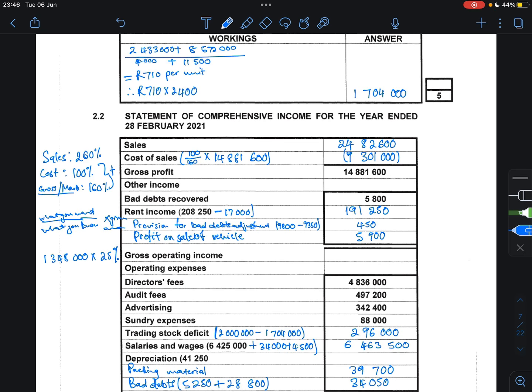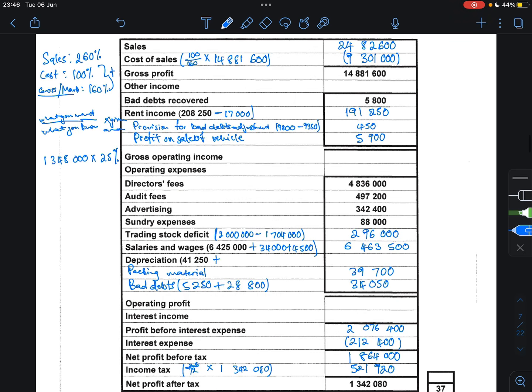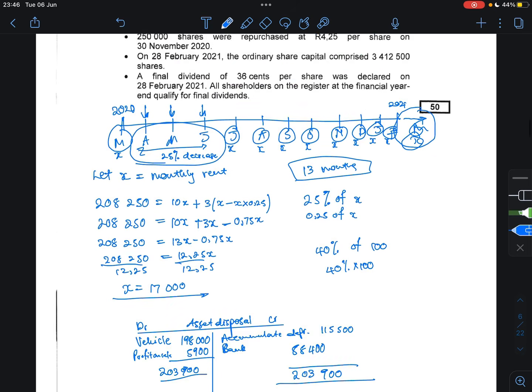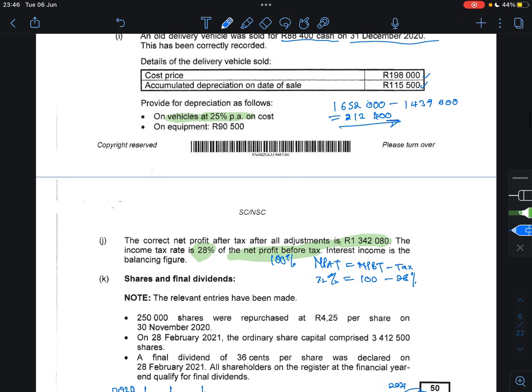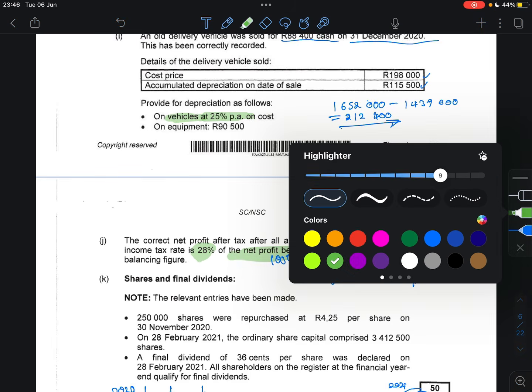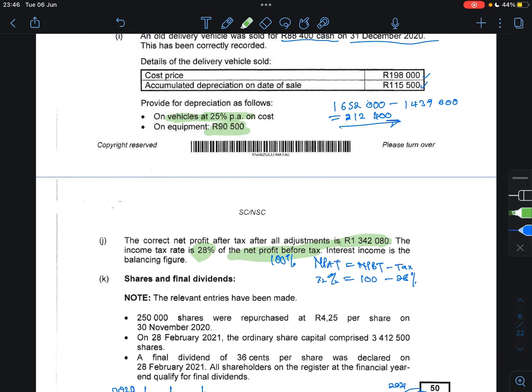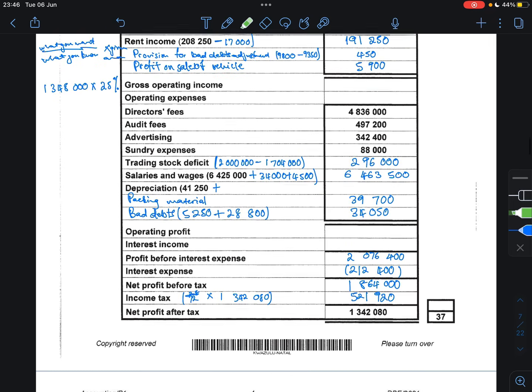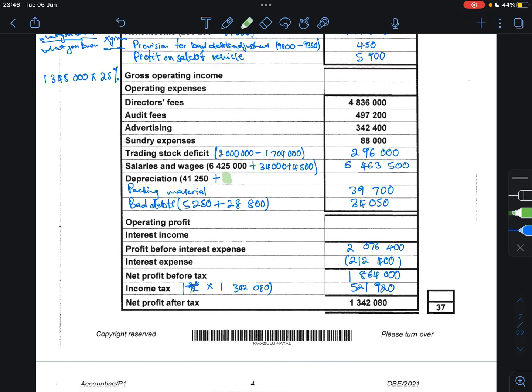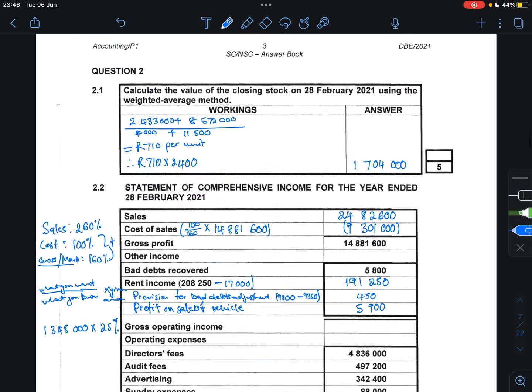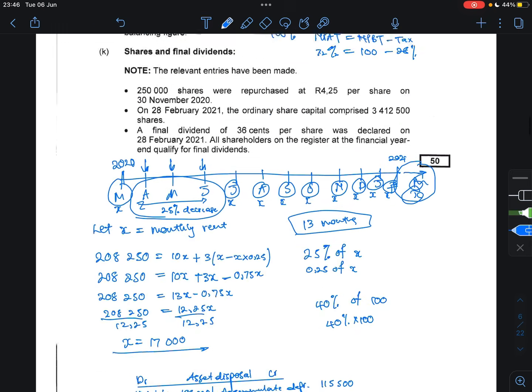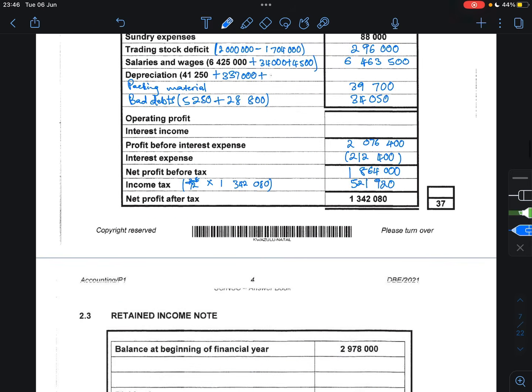So depreciation goes to, okay, so for equipment, they have told us that it's 90,500. Okay, so we'll add that too. So we have got 337,123 plus, what's that amount again? 90,500.